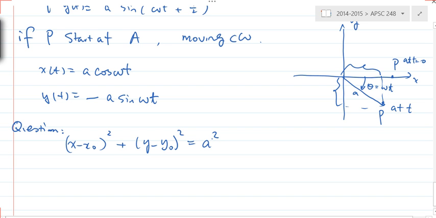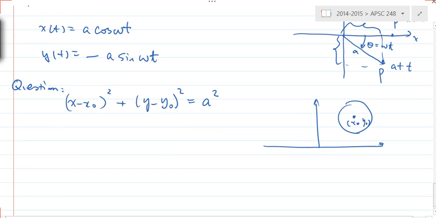If that circle is centered at a different location, what would be the parametric equation for this circle here? Can we come up with a candidate for this parametric equation?